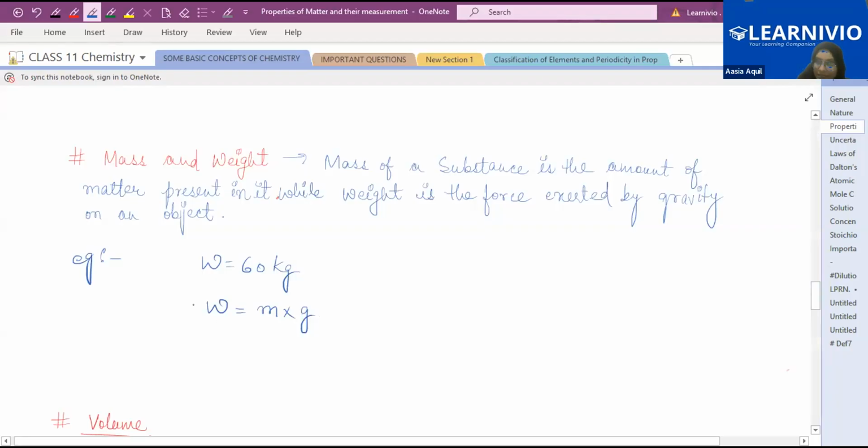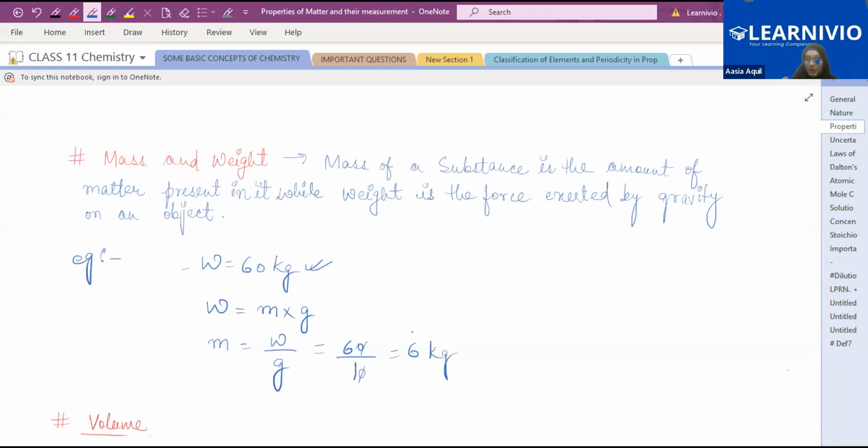So mass into gravity is your weight, and from here you can find the mass also: if we know the weight, mass will be W by G. We can simply take the acceleration due to gravity as 10. So the mass is weight, 60, upon 10, so it will be 6 kg. You can see the difference: my weight was 60 kg, but my mass is only 6 kg.